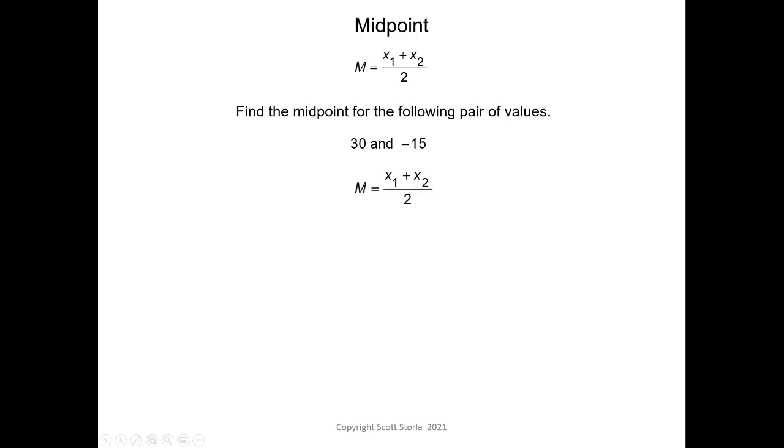Again, if we start with our formula, replace x1 and x2 with our values, and again I've done them the other way around here just to make the point it really won't matter which is the x1 and the x2. I substitute and simplify and find that 7.5 is halfway between -15 and +30.